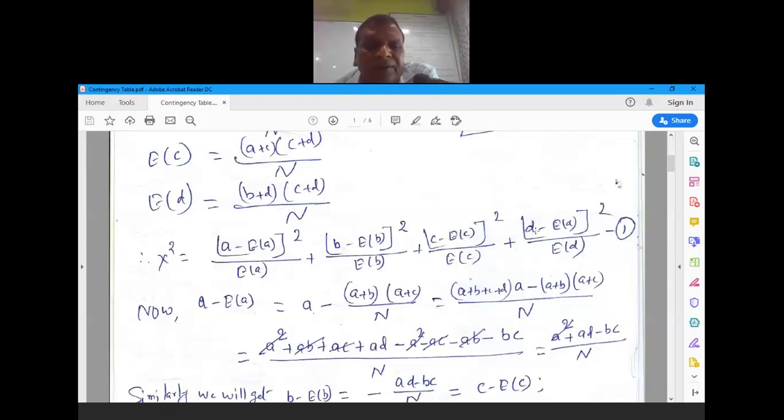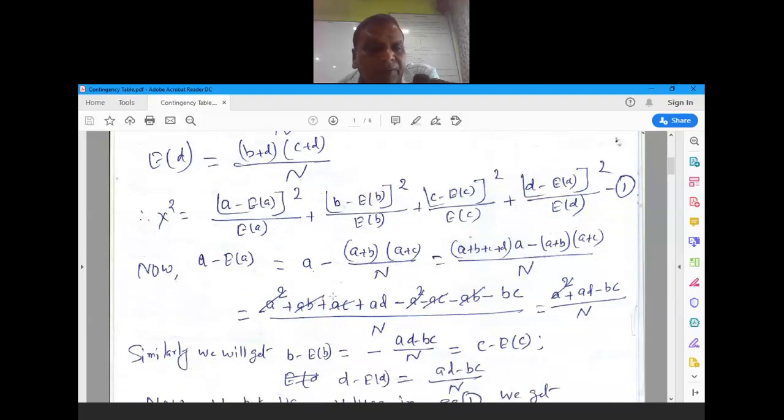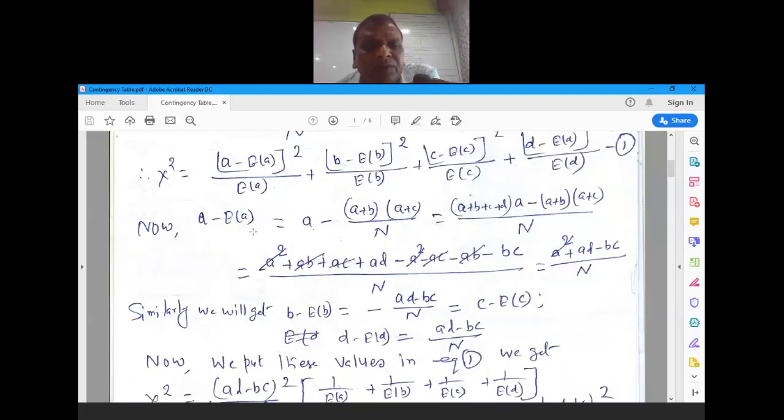So now we'll find the value of a minus expected value of a. A remains as such, and in place of expected a, we simply put the value (a plus b) into (a plus c) divided by N.